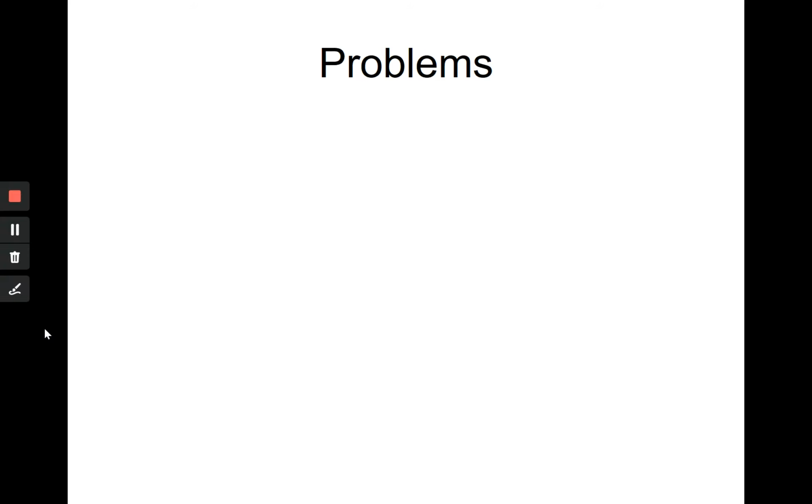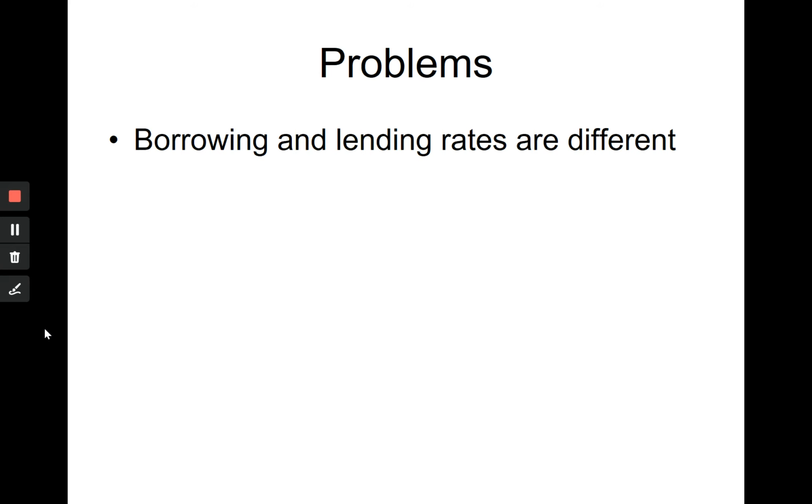Let's discuss some problems with this arbitrage. Some of these problems we already have seen. We have seen them in triangular arbitrage. Some of them are new. Here is a new one. Borrowing and lending rates are different. If you and I go to borrow money from a bank, they give us one interest rate. For example, 2% on our loan.